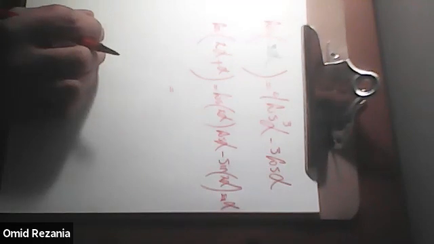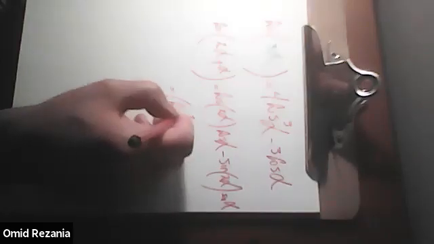Then you write again like what? Cosine of the 2 alpha becomes what? Guys, are you there?